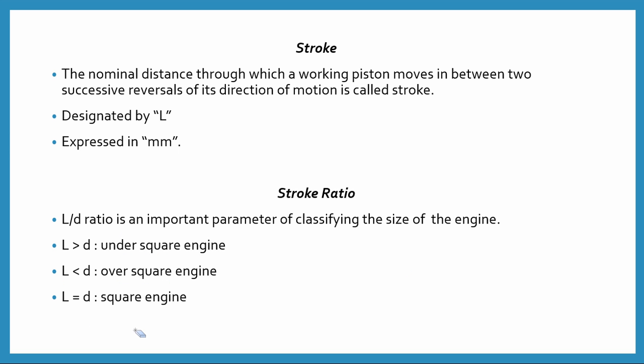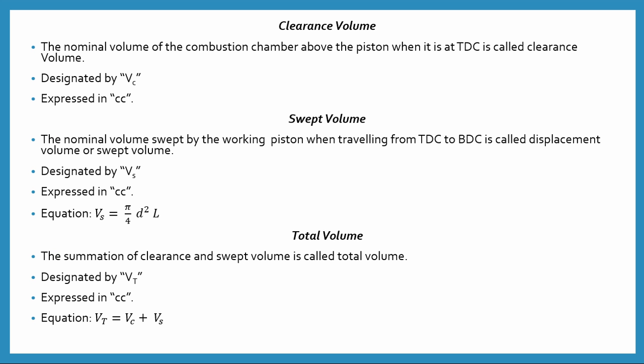Now coming to the next parameters: clearance volume, swept volume and total volume. When we are talking about the clearance volume, it is basically the nominal volume of the combustion chamber above the piston when the piston reaches the TDC.